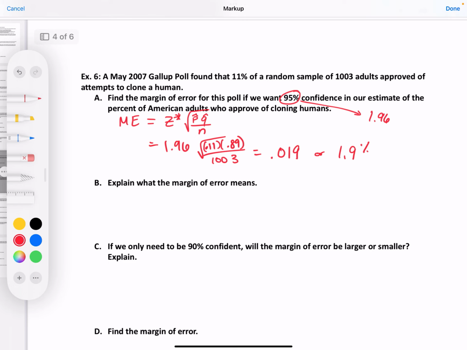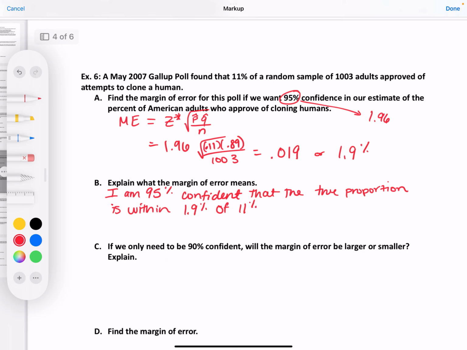So it wants us to explain what that margin of error means. So we can say, I am 95% confident that the true proportion is within 1.9% of 11%, because that's what the margin of error is telling us, for cloning humans.